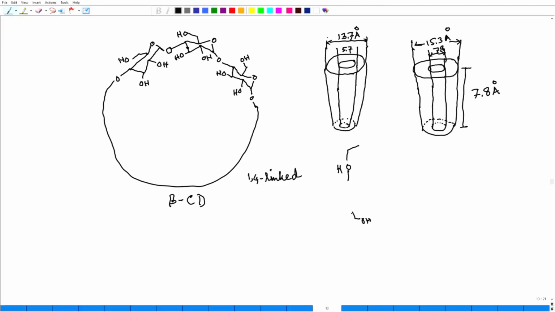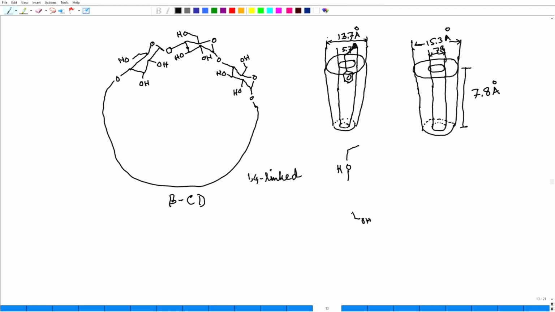What kind of job? This inside is hydrophobic in nature. So, if you take a molecule, my substrate, suppose I want to specifically cut a bond, then what will happen? I can put that compound together, stir it, that molecule will go inside. For example, say aromatic. So, aromatic goes here and the other part is outside.